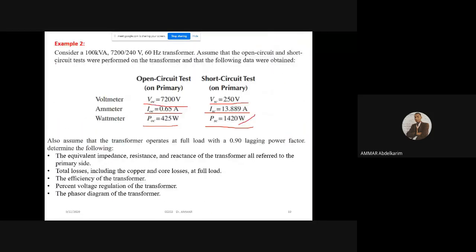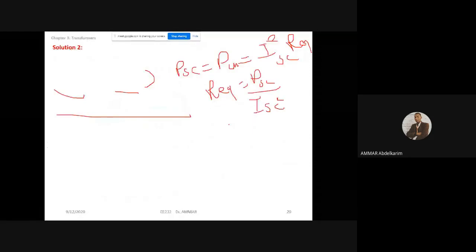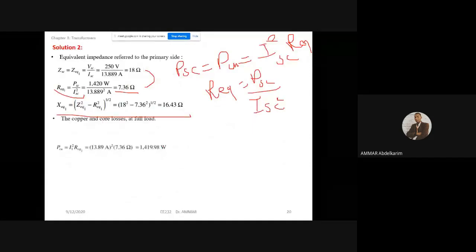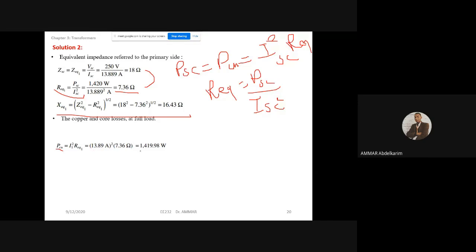It's given here, 1,420 watt, and when we check it, we found that the copper losses equal to I square times R, and it's almost the power measured. It's almost because the core losses are neglected in these tests. The core losses will be calculated in the open circuit test.